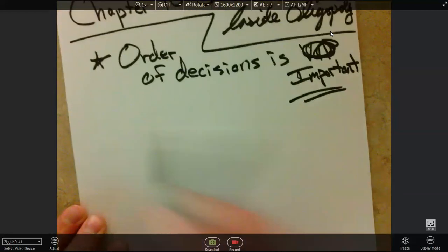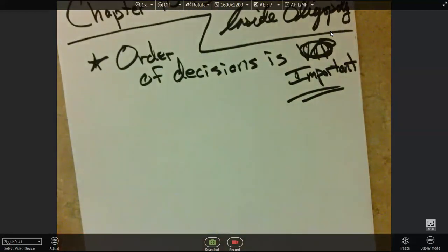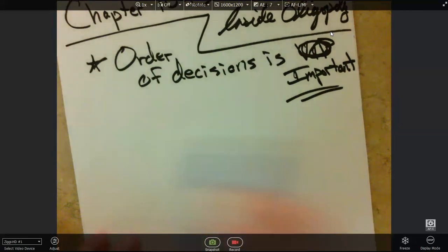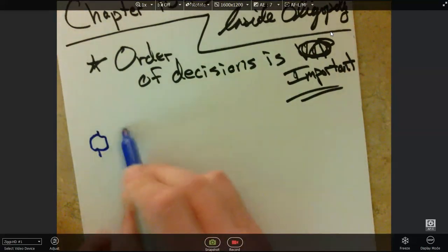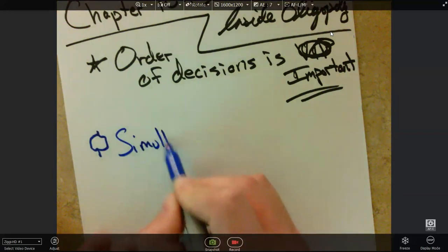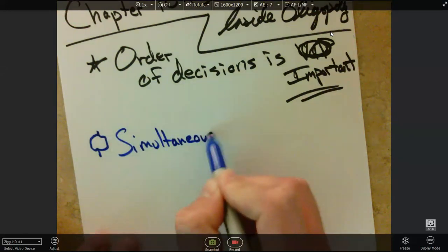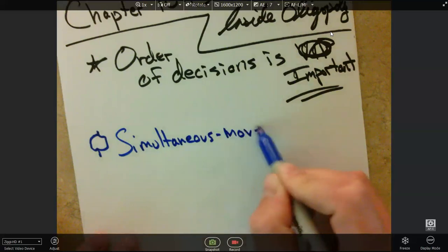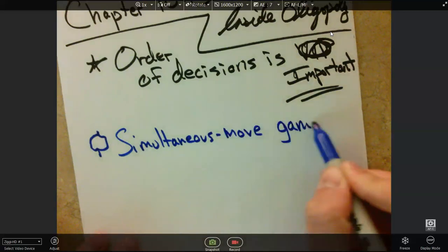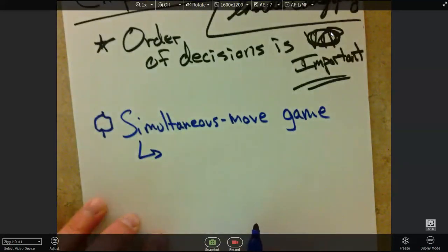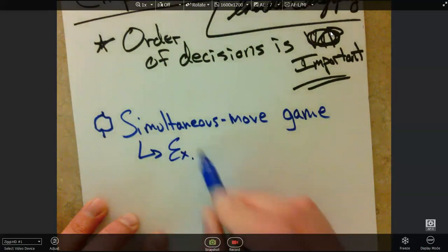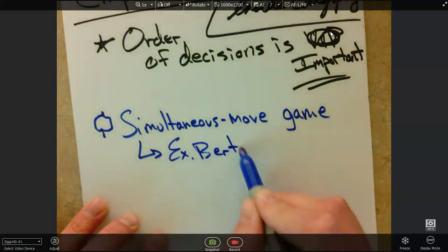We have been talking up until this point about simultaneous move games, right? So what is happening in a simultaneous move game? What's the example? Our Bertrand duopoly game.